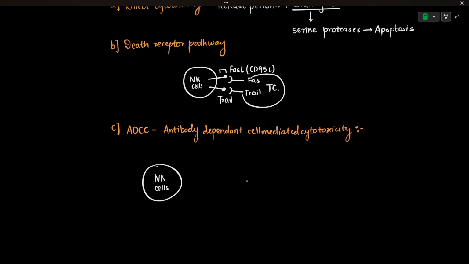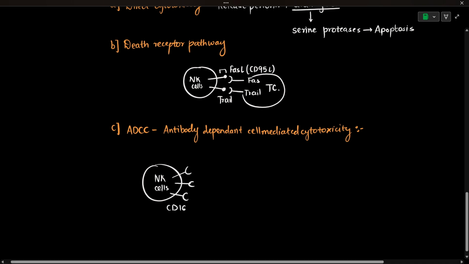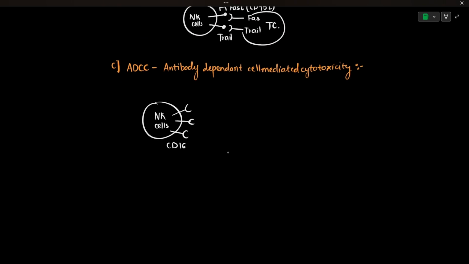Those antibody labeled or antibody coated target cells will be recognized by the natural killer cells. Natural killer cells have receptors such as CD16, which bind to the Fc region of the antibodies. Let's say there is a target cell labeled with antibodies. I am referring to it as an antibody coated target cell.